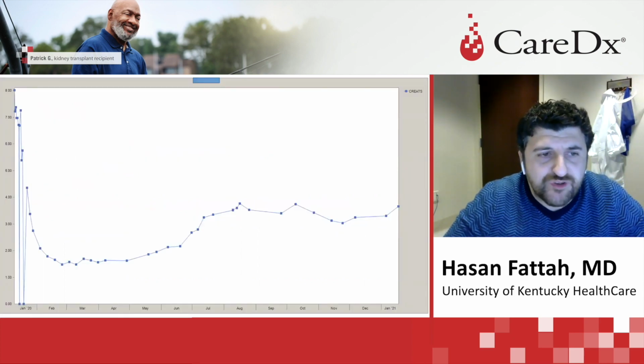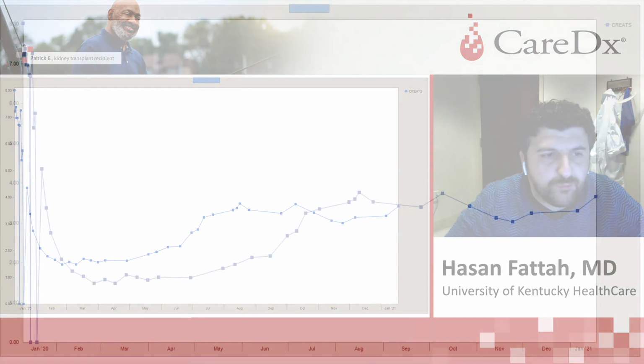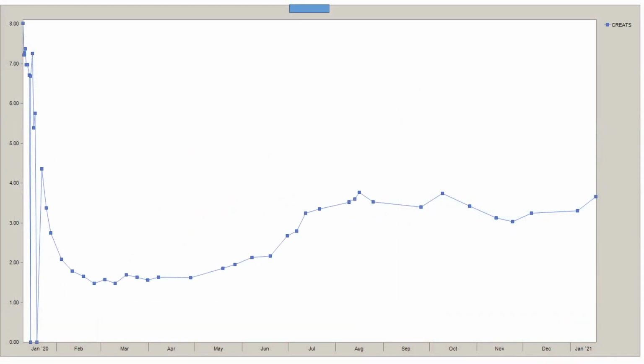This is her post-transplant creatinine values. At the time when her creatinine was close to baseline, which was 1.5, in April, she was diagnosed with BK viremia. She was treated with reduction of her anti-metabolite by 50% and keeping her TAC level close to 4 to 6.